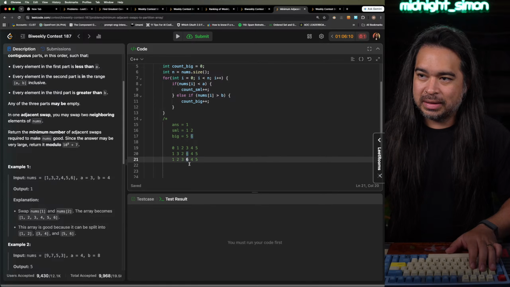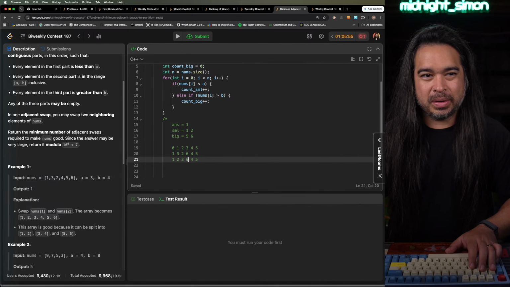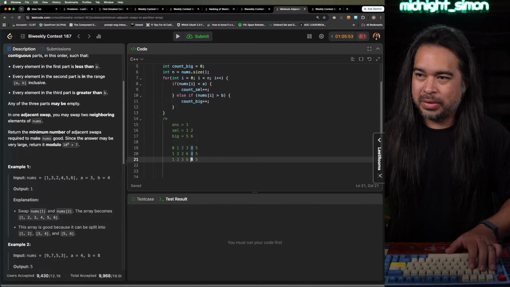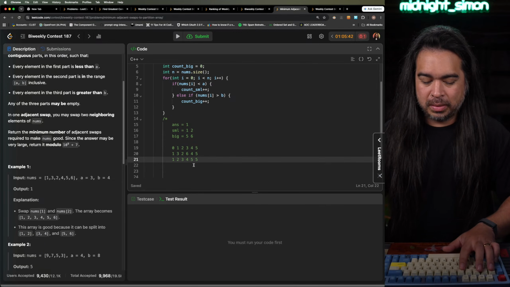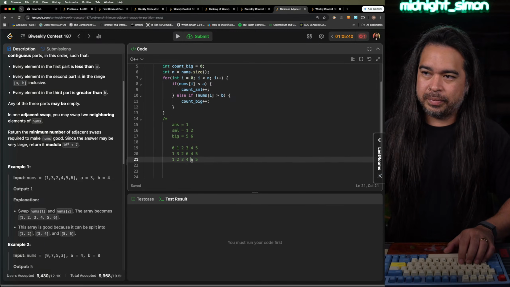Now this 6 is not supposed to be there. So what do we do? Do we have like 2 pointers? We go in and find the next thing that should be there, and then we just swap them. And now it's good.